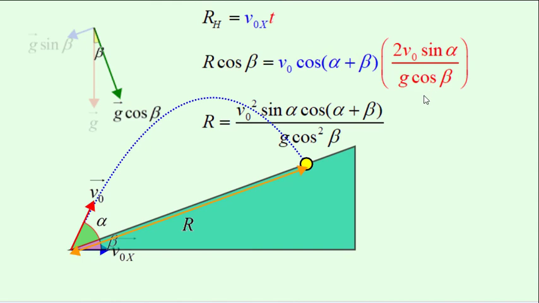And with this, we obtain the range as 2v0 squared sine of alpha cos of alpha plus beta over g cos squared beta. Just understanding this small concept will save you a lot of effort required in memorizing the range equation.